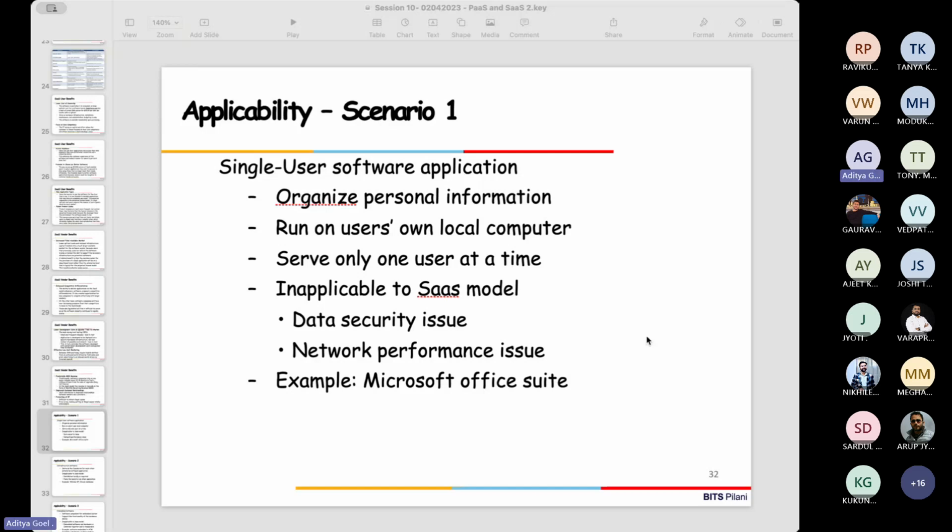You're right. Everybody's right. Yes, very nice. Thank you. No, this is not a SaaS model, guys. Right? I hope everyone understands.